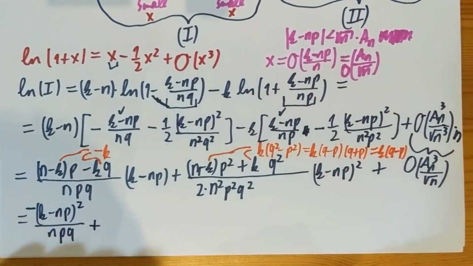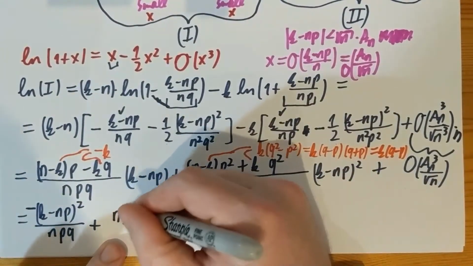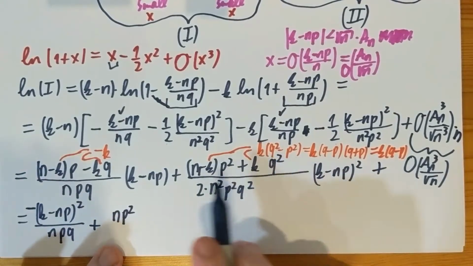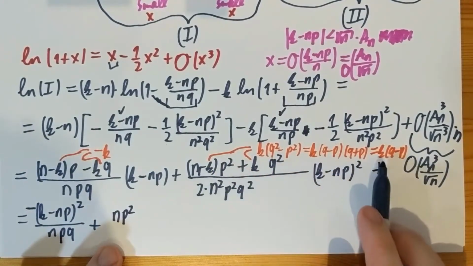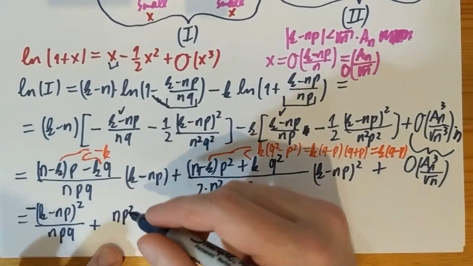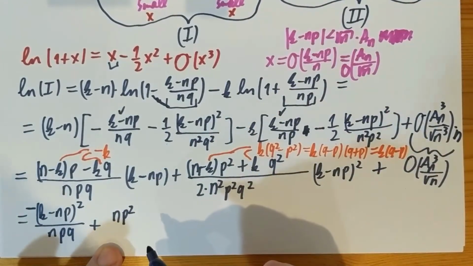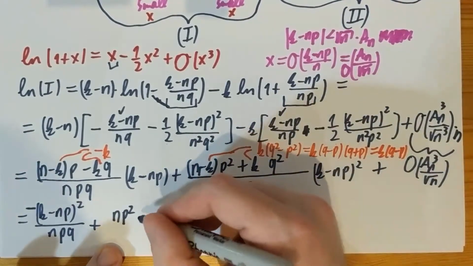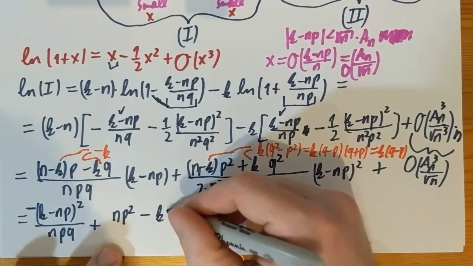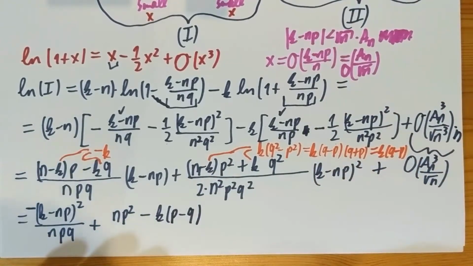For the other term, I'm going to write an np squared, which is this one, and then together the k factors together just give me a plus k of q minus p. So plus k of q minus p, and I actually like better p minus q. So instead of plus k of q minus p, I'm going to say minus k of p minus q.